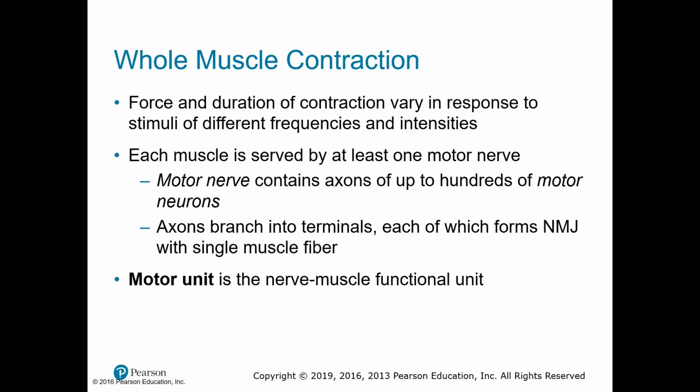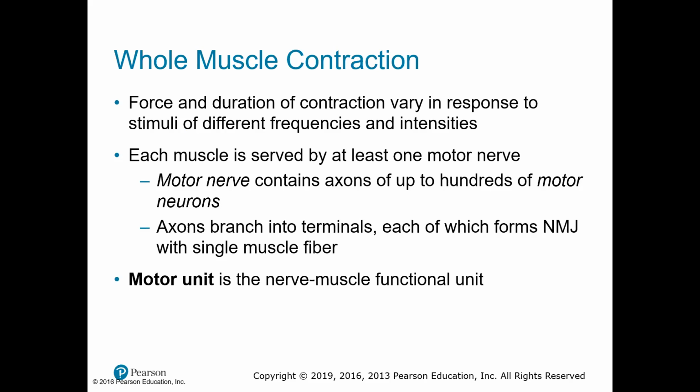So how do we get the whole muscle to contract? Well, we have to stimulate a lot of cells in the muscle. Now we know that every muscle is innervated by at least a motor nerve. Actually, there are many motor nerves that innervate a muscle. Each motor nerve can stimulate hundreds of muscle cells.